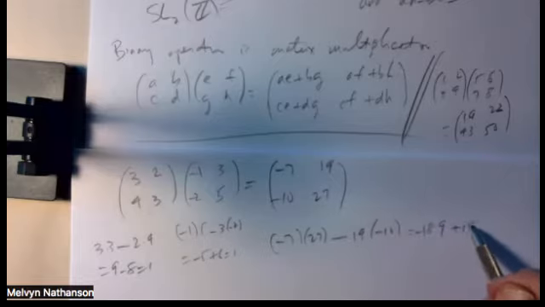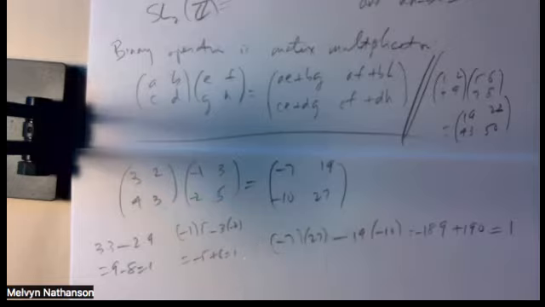Let's see, 7 times 27: 7 sevens are 49, 7 twos are 14 and 4 is, that's minus 189. Plus 190. 190 minus 189 is 1. So in this example I have two matrices of determinant 1, and the product is a matrix of determinant 1.